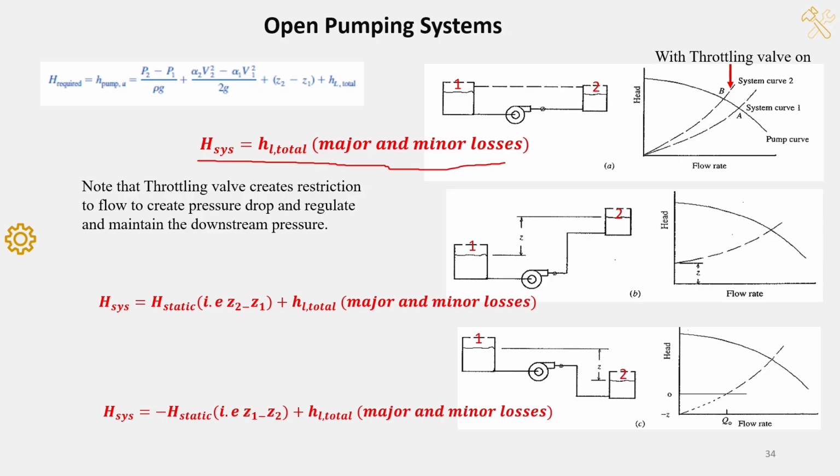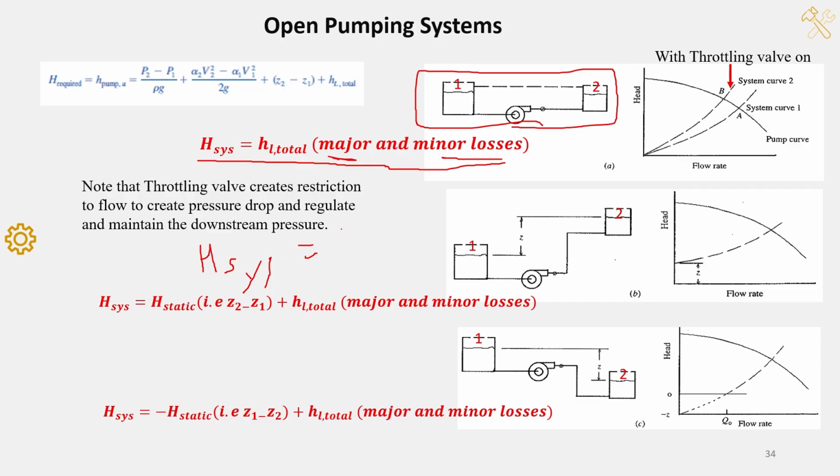In case we have two tanks that are at the same level, how do we calculate the system curve? Because remember, there is something called system curve and performance curve. So the system curve is always the summation of the major and minor losses.